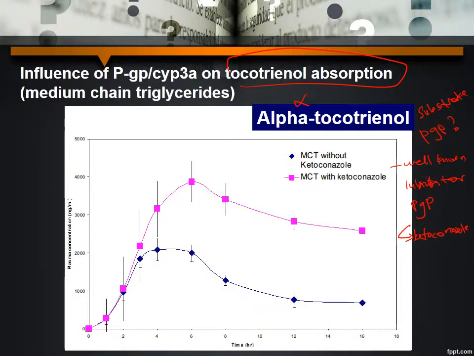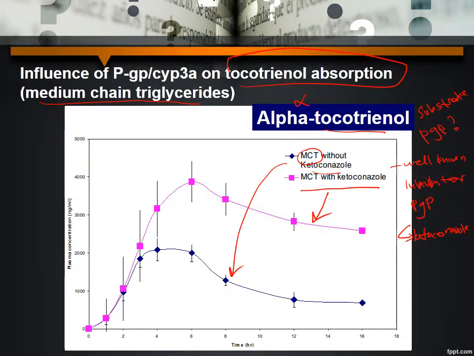So we administered the medium chain triglyceride of alpha tocotrienol without ketoconazole, and this is the plasma concentration that we have. And when we co-administer with ketoconazole, which inhibits the PGP, more of the MCT can enter the cell and not be pumped out, and they can subsequently enter the bloodstream, so they have the higher plasma concentration of tocotrienol.